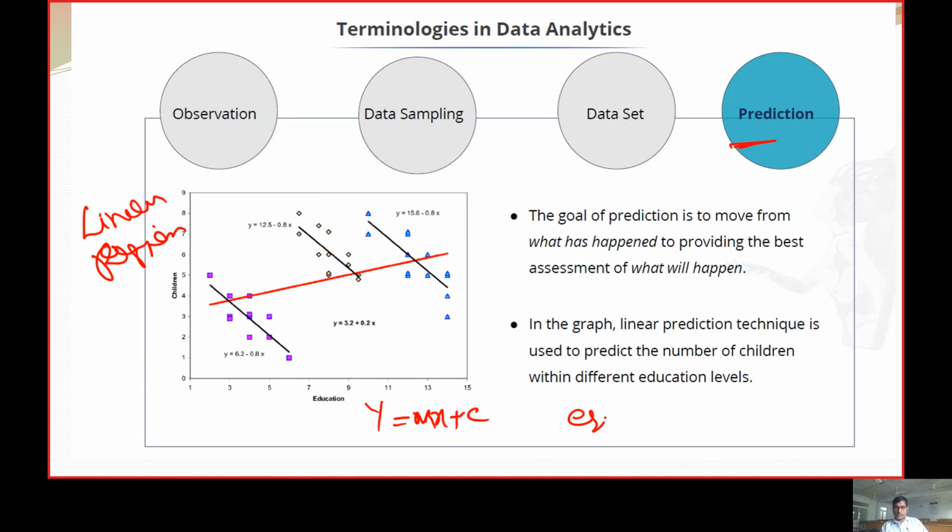So y is equal to mx plus c. At this point, we take some error, and another one, slope and intercept.